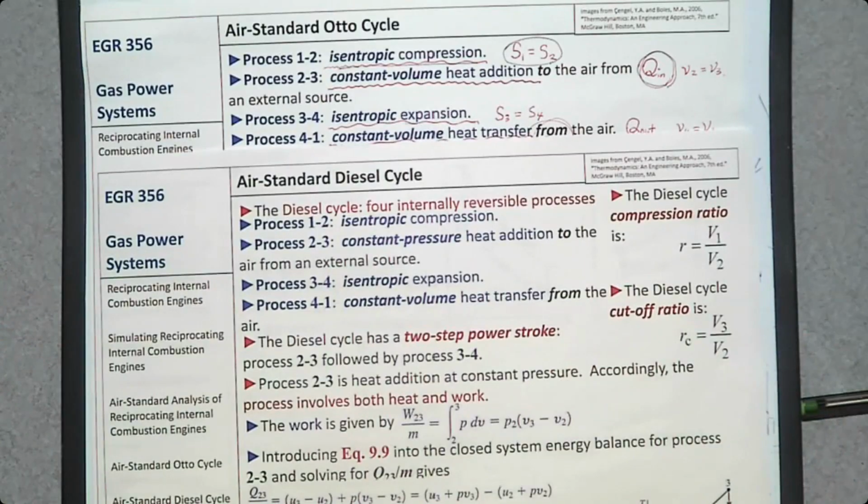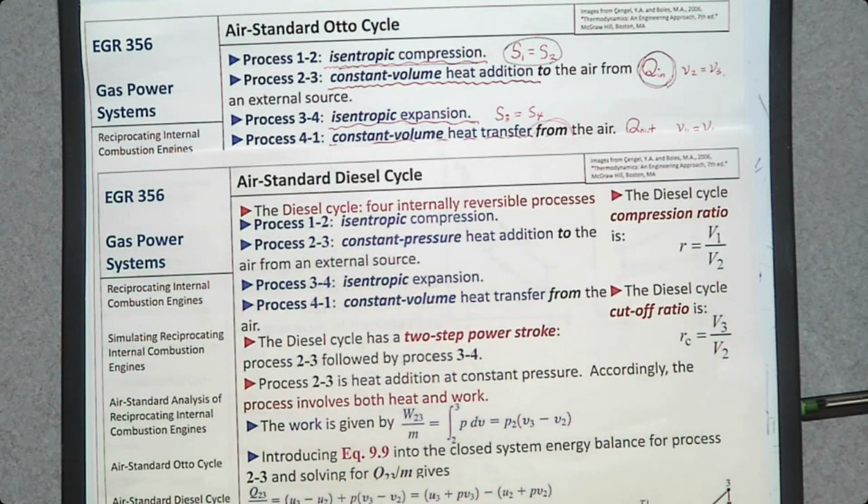Process 1-2, isentropic compression. They're the same. Process 3-4, isentropic expansion, they're the same. Process 4-1, constant volume heat rejection, they're the same.